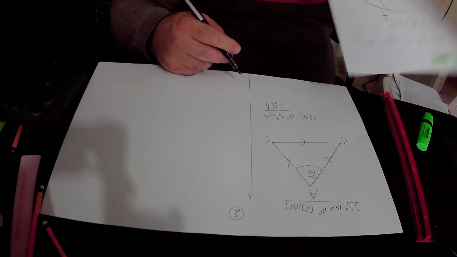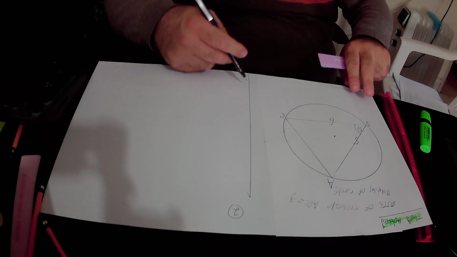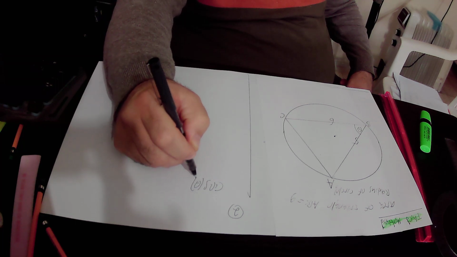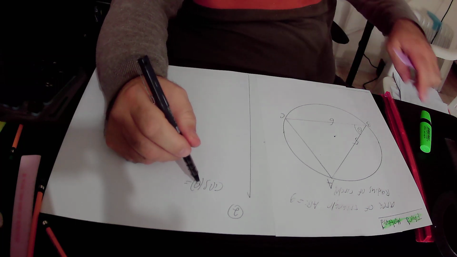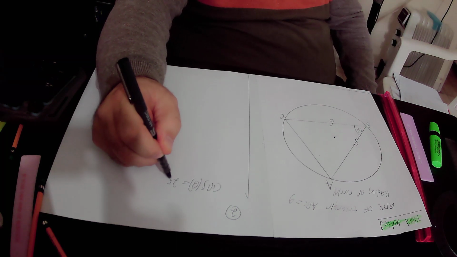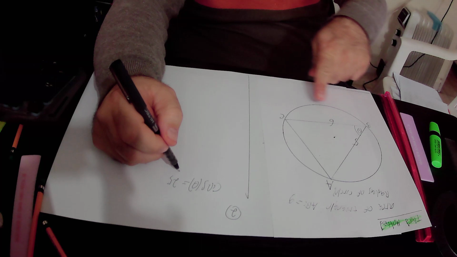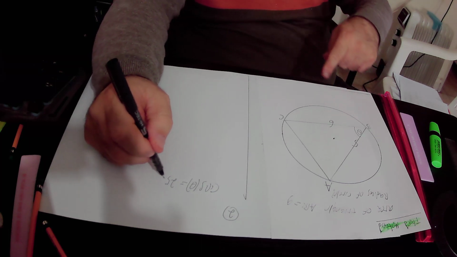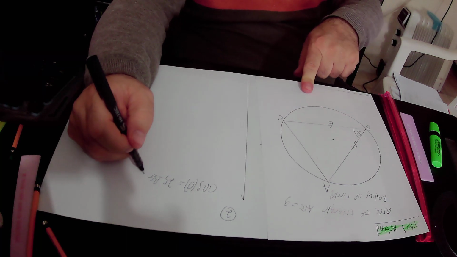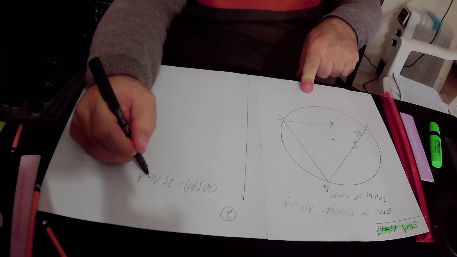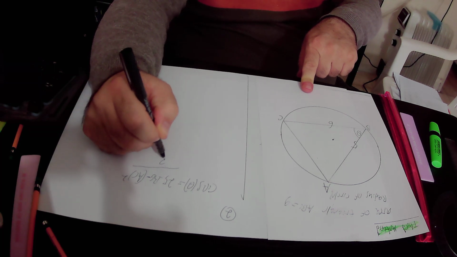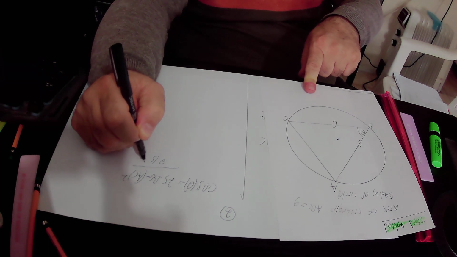According to the law of cosines, we'll get that cosine theta equals AB squared, that is 5 squared, 25, plus BC squared, that is 6 squared, is 36, minus AC squared, that is the missing line segment, over 2 times 5 times 6.